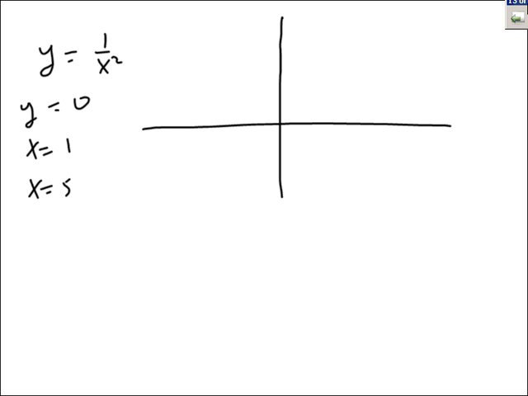y equals 0 is this line. That's y equals 0. x equals 1 is this right here. x equals 5 is somewhere further out, say here.